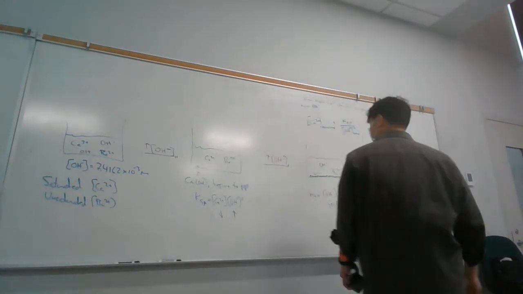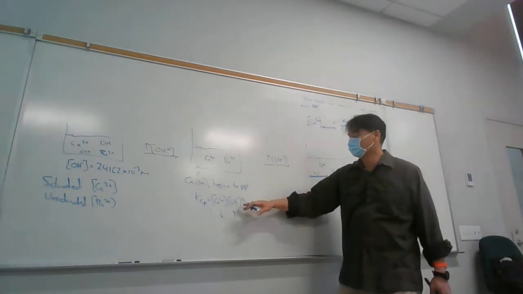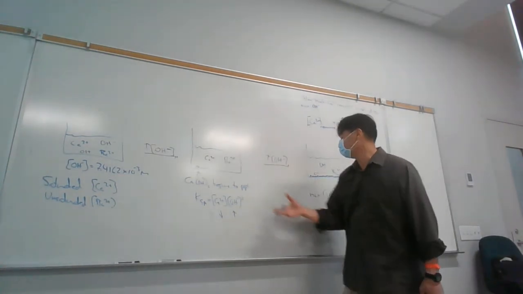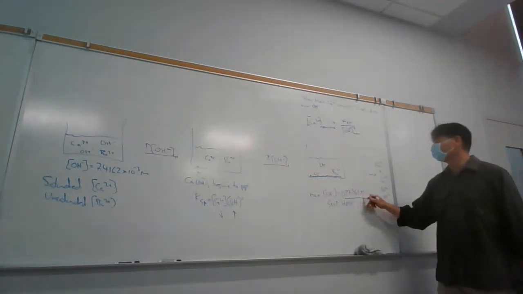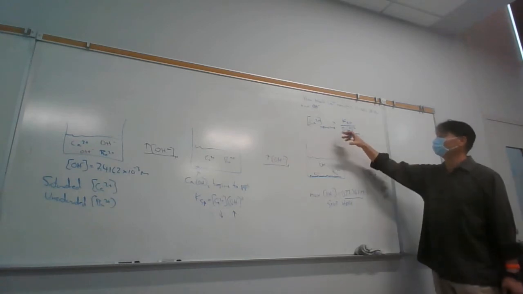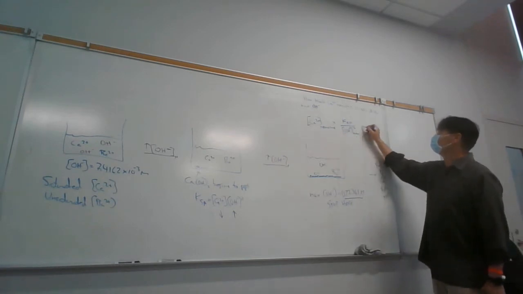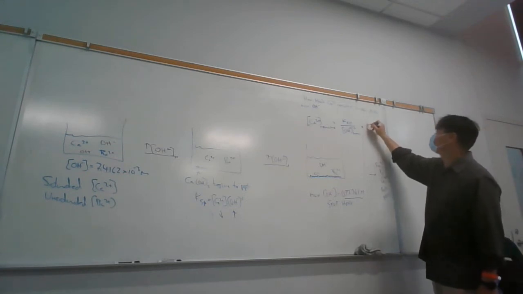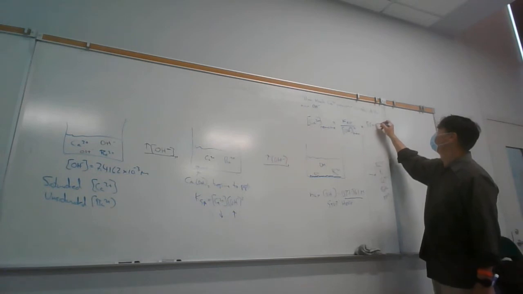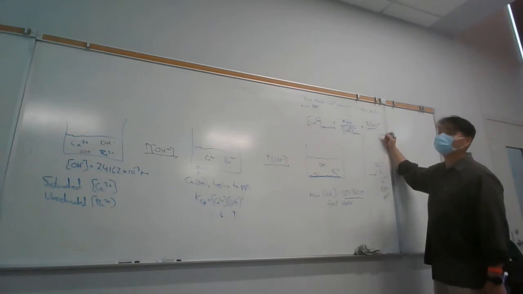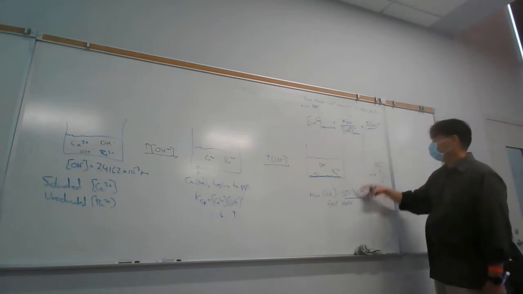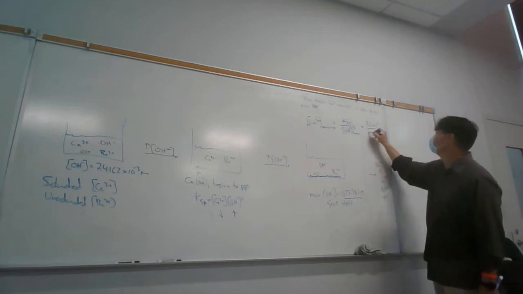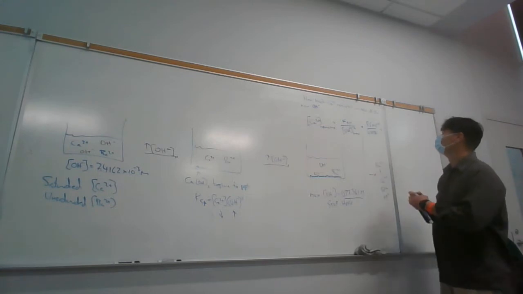And so as the hydroxide increases, the calcium decreases. So once we hit this point here, we can go ahead and calculate how much calcium remains. And that would be 5.5 times 10 to the minus 6 divided by 0.22361 molar.